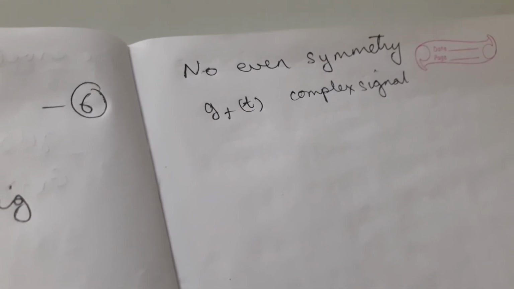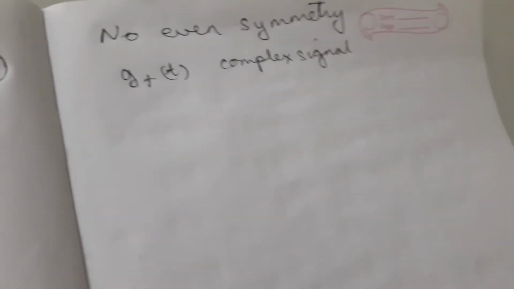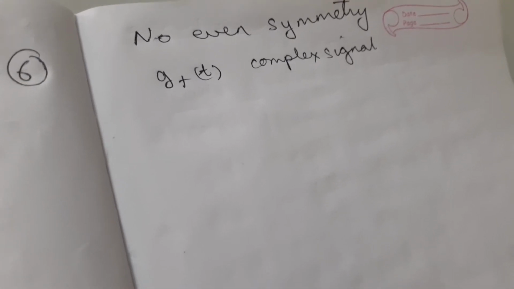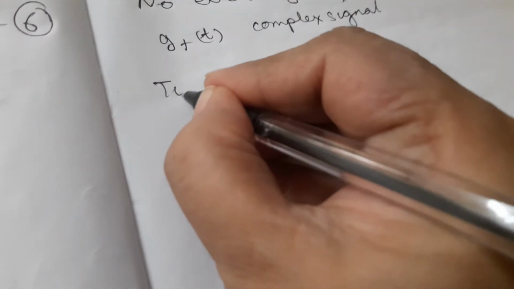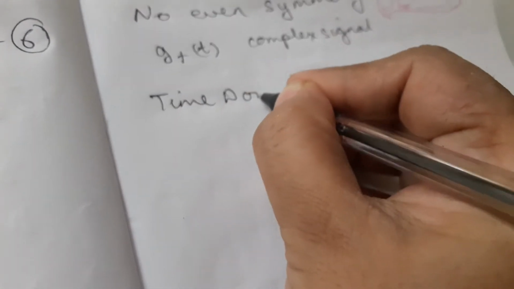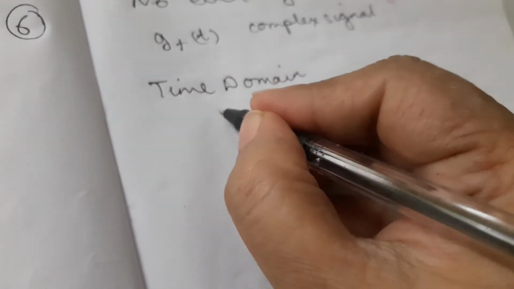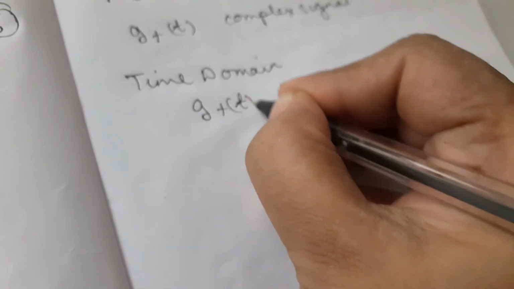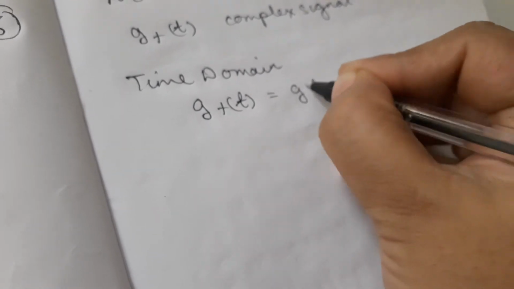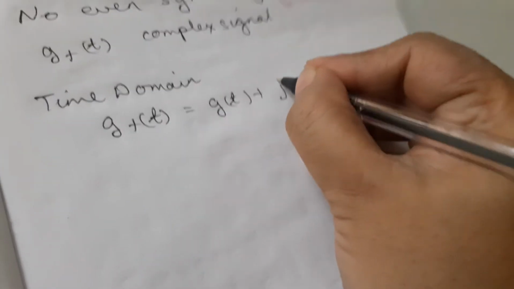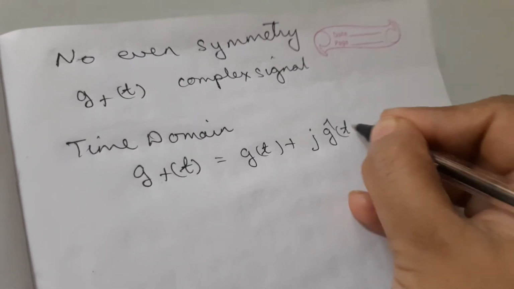In a nutshell, the pre-envelope of g of t can be found as follows. In the time domain, we can say g plus of t is equal to g of t plus j g cap of t.